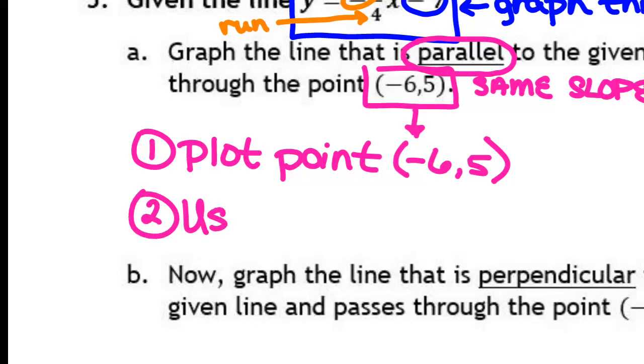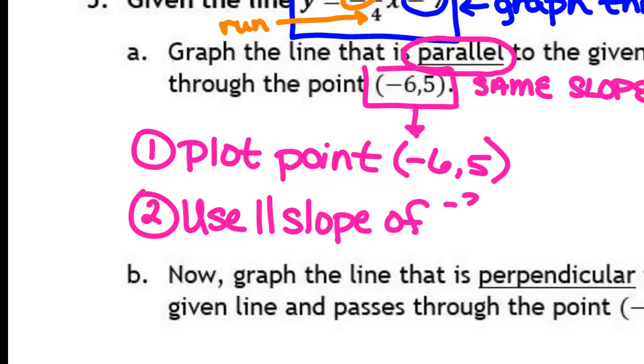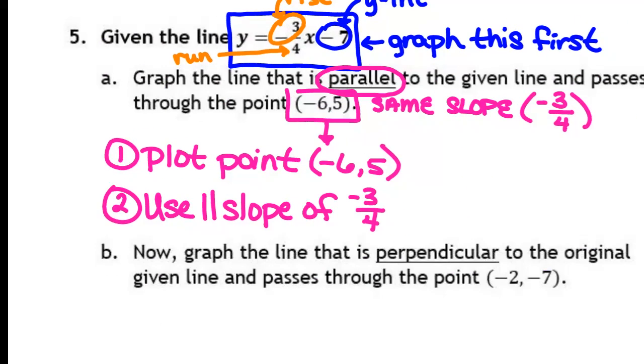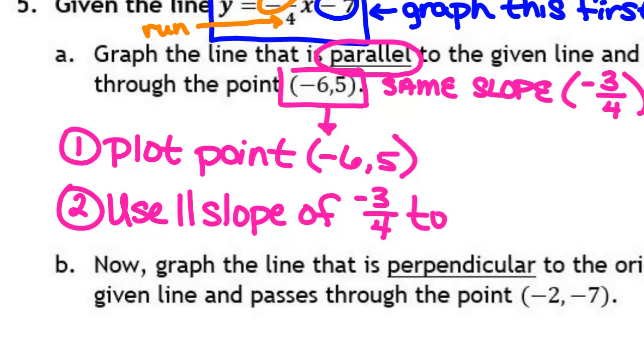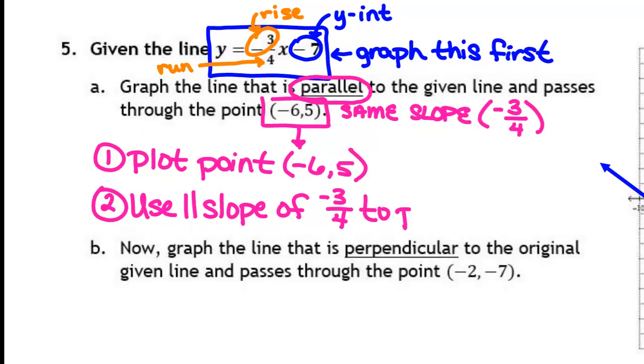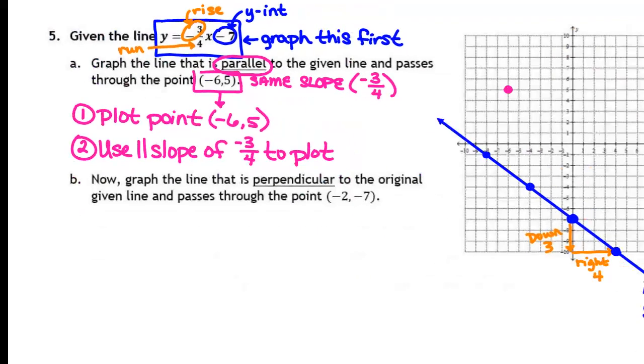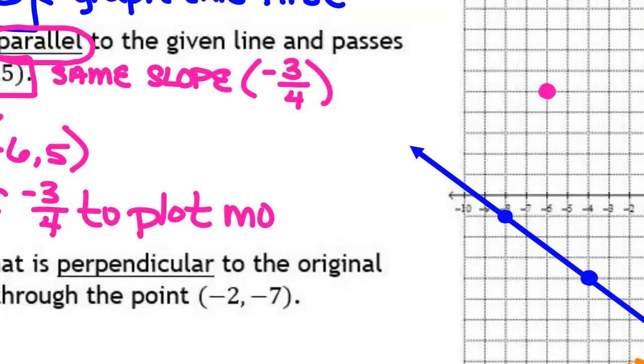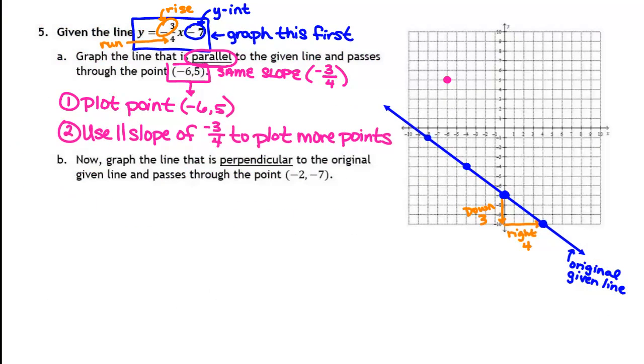Then we will use the parallel slope of -3/4 to plot more points. So from this point that I plotted right here at -6,5, it doesn't matter that that's not the y-intercept.